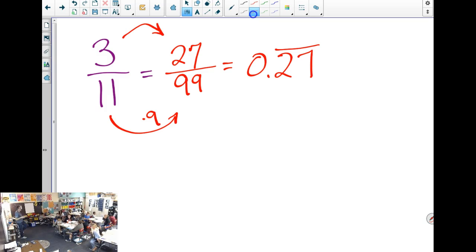His brain just connected 3 and 9. Like, there's a reason he said 6.